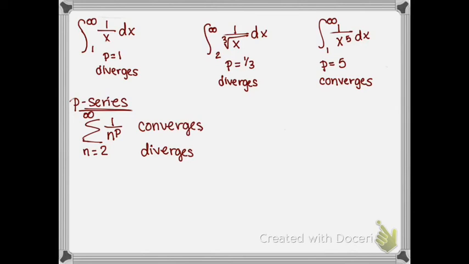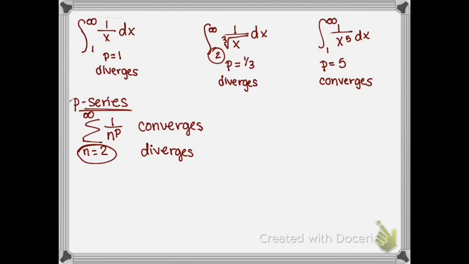Normally the lower limit on our integral is 1, but in this middle integral, I put a 2 here. It doesn't matter what the lower limit is as long as it's some positive integer. Same thing with an infinite series. It doesn't really matter what whole number we start with in our series.